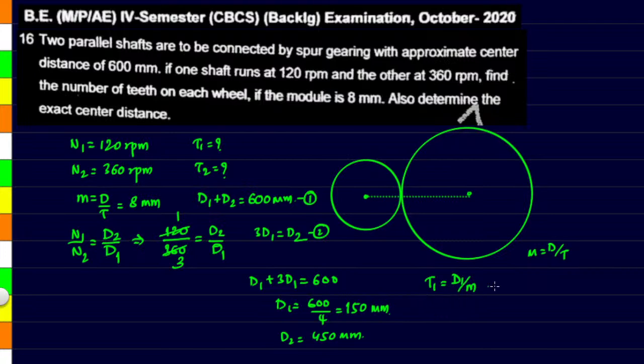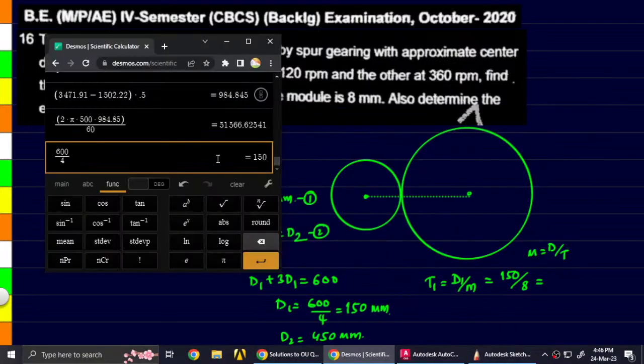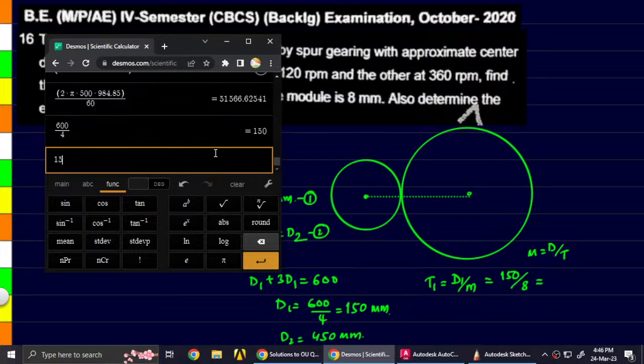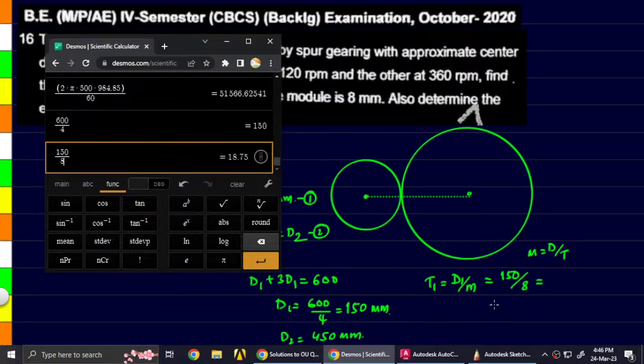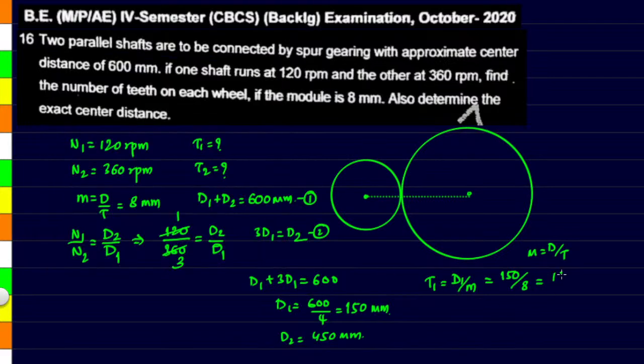So the number of teeth on 1 will be 150 divided by the module, that is 8, and this is where the problem comes up. 150 by 8 gives 18.75, but the number of teeth cannot be 18.75. It can be either 19 or 18. It cannot be in between somewhere, and that's the big problem for us.